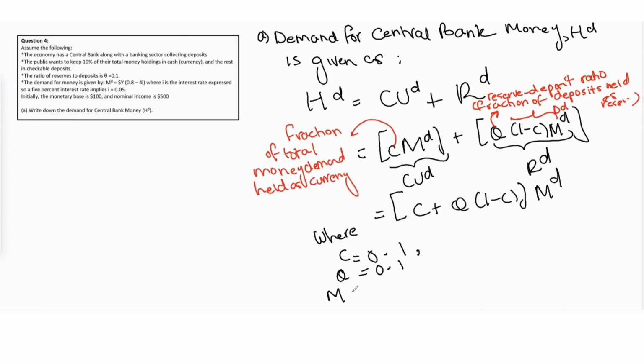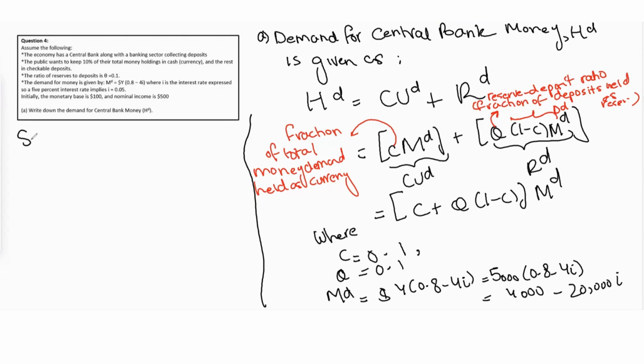And money demand is given to us as $Y times (0.8 minus 4i), where $Y, which is nominal income, is given to us as 5,000. So 5,000 times (0.8 minus 4i). So we'll just simplify this a bit more, and money demand is 4,000 minus 20,000i.